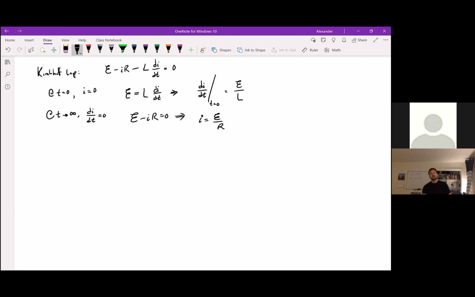All right, what if we're asking about a time in between? We have our general Kirchhoff equation, and this is a very similar equation to the equation we had back when we were talking about capacitors. We could separate variables.